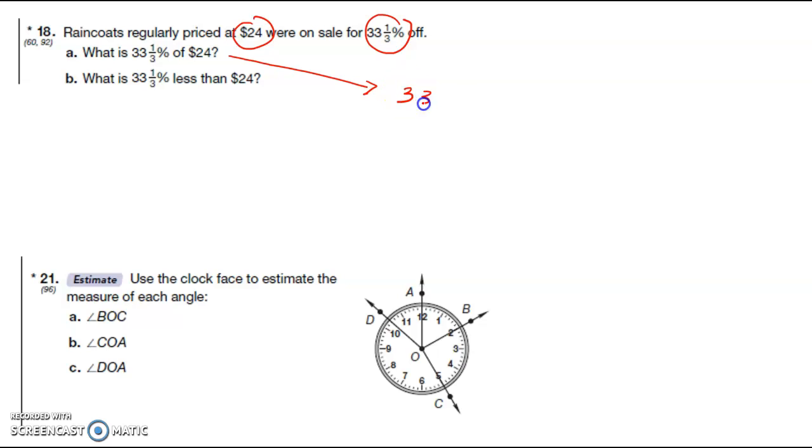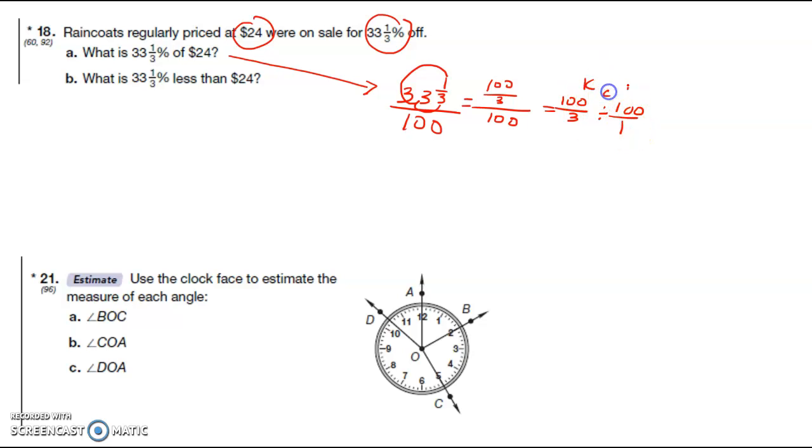So 33 1/3% or per 100, I'm going to popcorn this. 3 times 33 is 99, plus 1 is 100 over 3 divided by 100, which if I write this out horizontally looks like this.